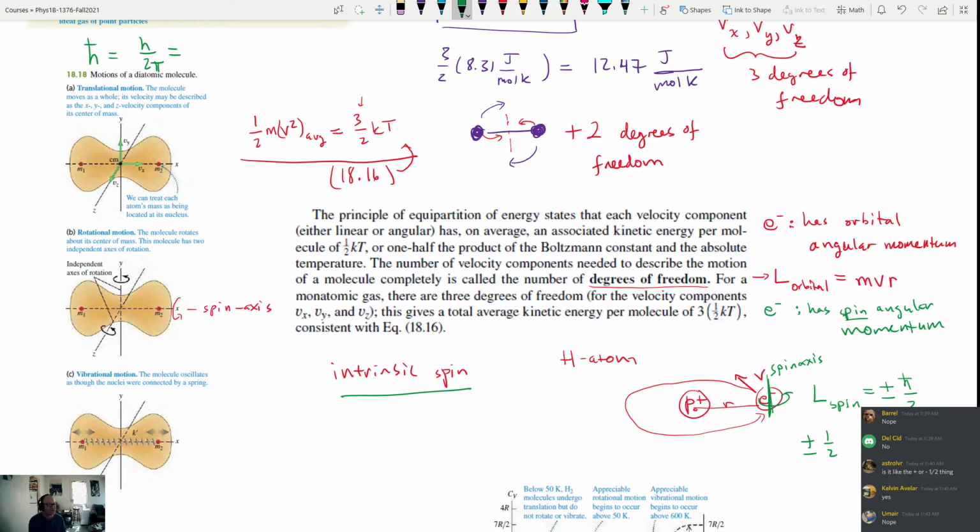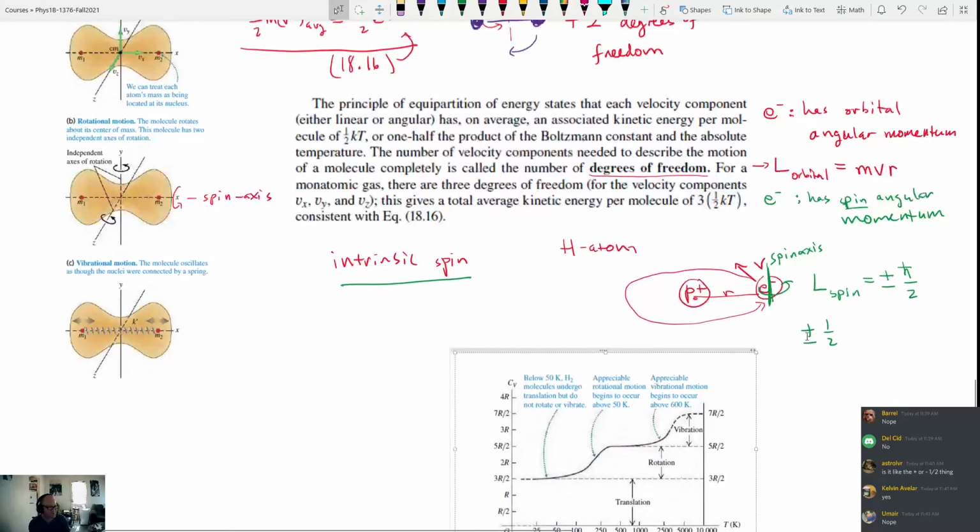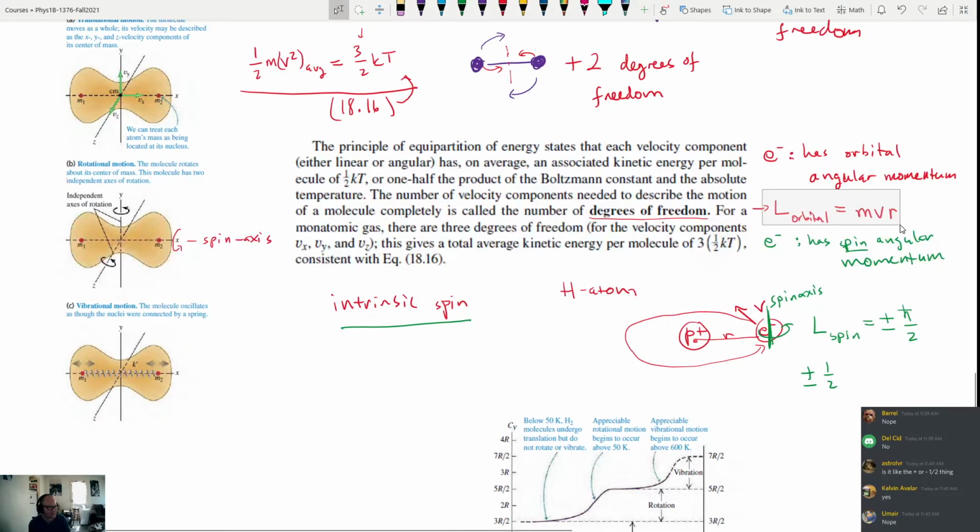Anyway, those are the only two possibilities. It can either be spinning this way or it can be spinning this way. When we talk about spin, if something's rotating this way, you wrap your hands this way and you say it's spinning up, or it can spin down. So, here's the thing. You can't have two electrons in the same orbital state, that is to say with the same orbital angular momentum, and the same spin state.